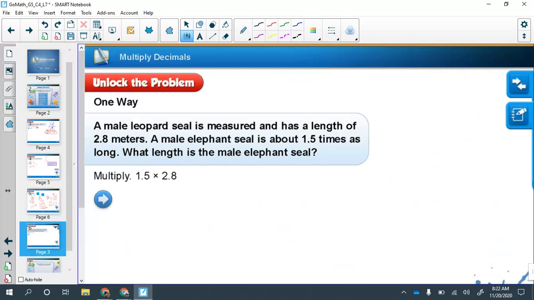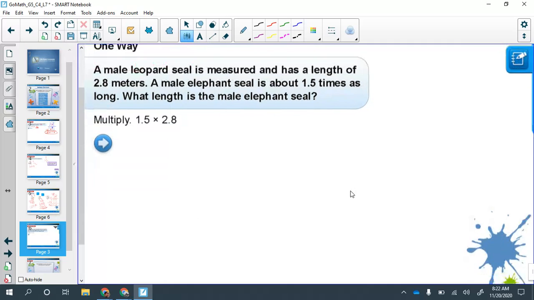All right, the last thing we're going to look at today is just a story problem to make sure that we understand how to recognize when we need to multiply decimals. Here it says a male leopard seal is measured and has a length of 2 8/10 meters. A male elephant seal is about 1 5/10 times as long. What length is the male elephant seal?